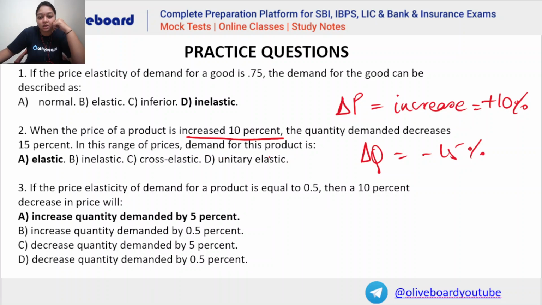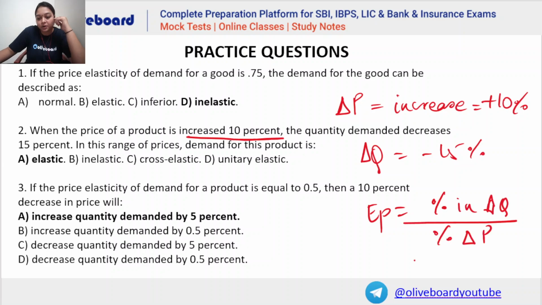So now what is your formula? EP is equal to percentage change in quantity demanded by percentage change in price. So what will it be? Minus 15 by 10, which is minus 1.5. So here EP is more than 1, right?